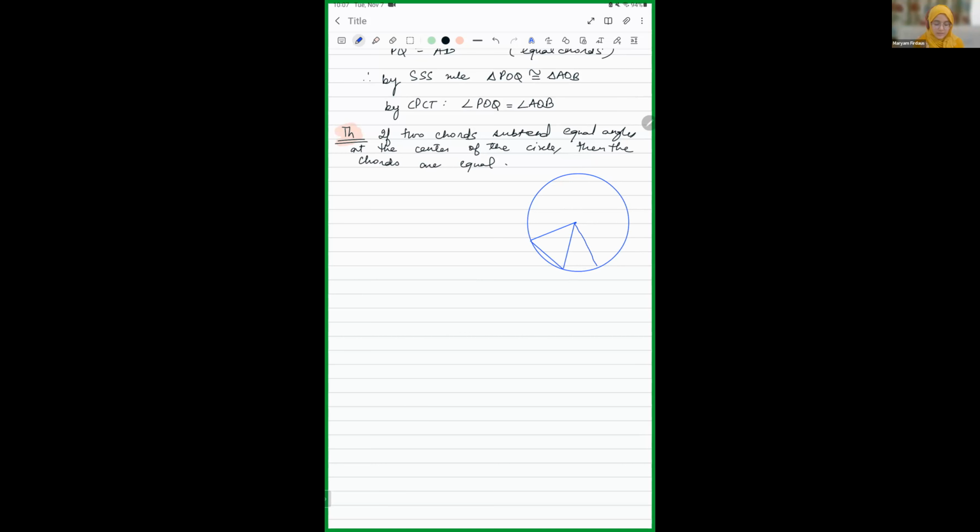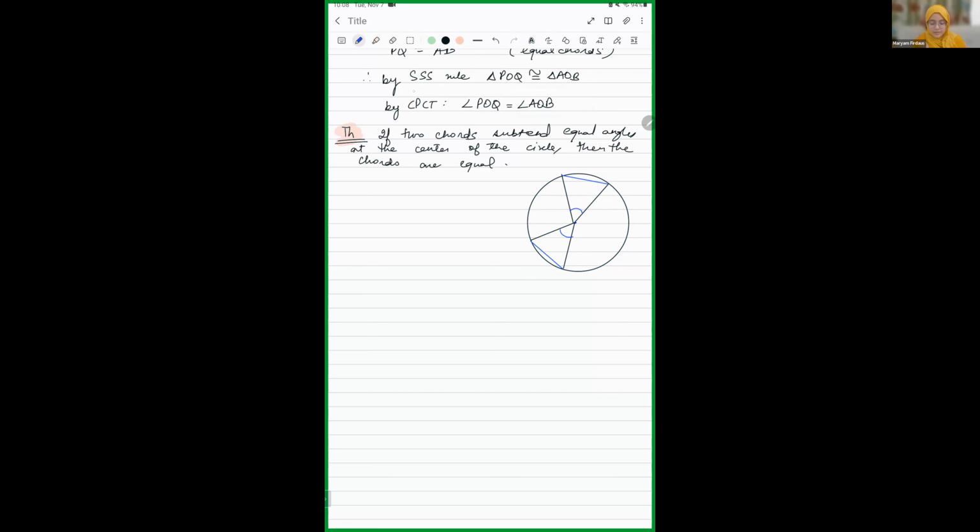It's not given to us that they are equal. We have been told that they subtend equal angles at the center, so it is given that this angle is equal to this angle.